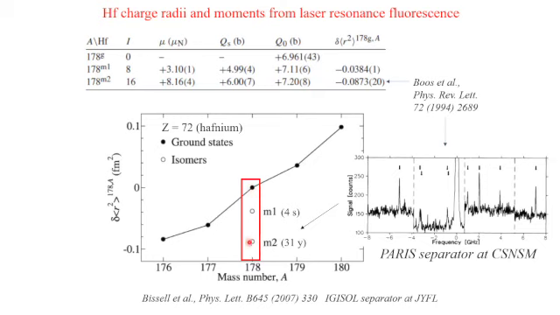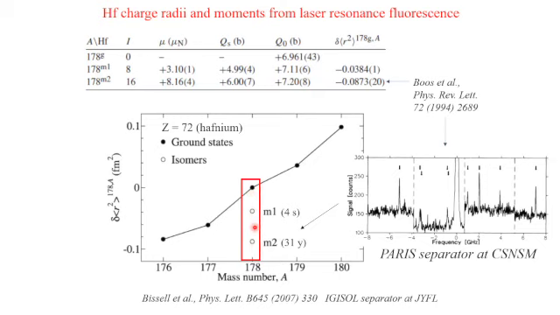Its mean square charge radius is much less than the ground state, and yet the quadrupole moment, which is measured at the same time, is very slightly more than the ground state. So it hasn't actually got smaller in terms of its charge distribution, but its mean square charge radius has gone down.